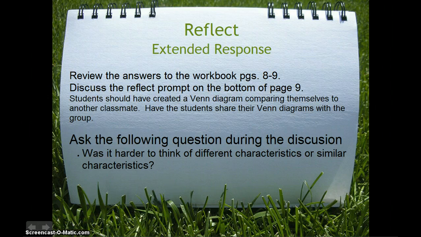And what the students should have done is they should have created a Venn diagram comparing themselves to another one of their classmates. And then what I would do is I would have the students share their Venn diagrams with the group. Once they've all shared with the group, then I will ask the question, was it harder to think of different characteristics or similar characteristics when you were comparing yourself to your classmate?